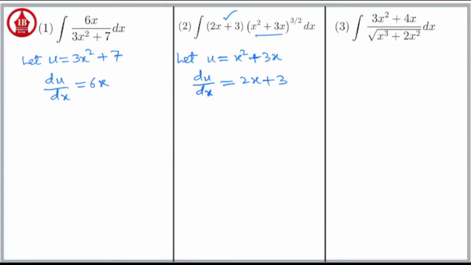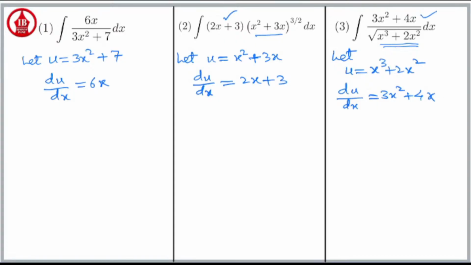Then we will integrate with respect to u. Similarly, here also, take as u the one with higher or more powers. So let u equal x cubed plus 2x squared. Now its derivative du by dx will be 3x squared plus 4x, which is already here.